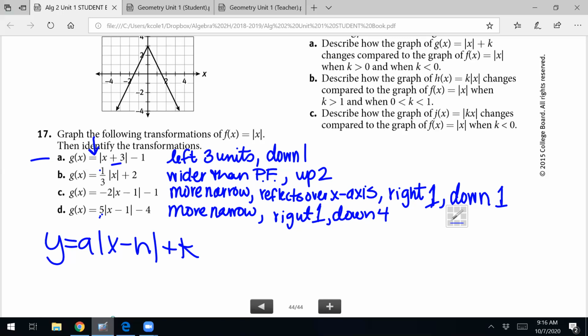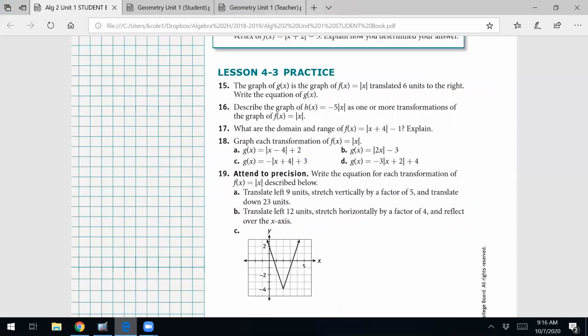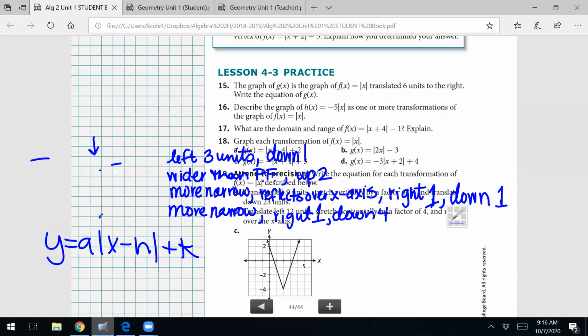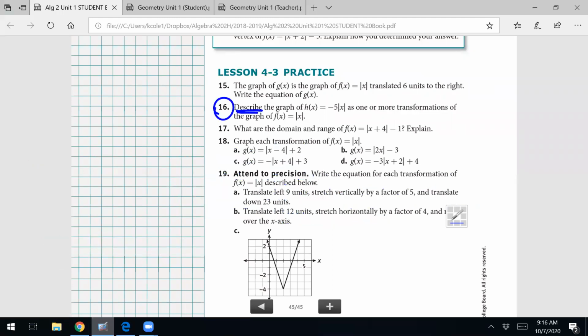And then on 18, where it says graph, don't scratch that out crazily, but I want you to describe the transformation. You don't have to actually graph it out yet, but on those problems, I want you to do exactly what we just did. So I'm going to circle them for you. So you're doing number 16 because that's what the whole thing's telling you to do. Describe. You're describing the graph and its transformation. And then for 18, what I want you to do today is describe.